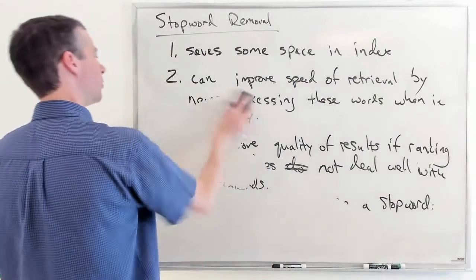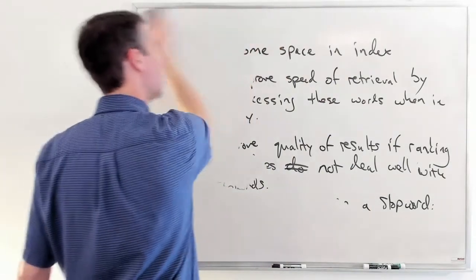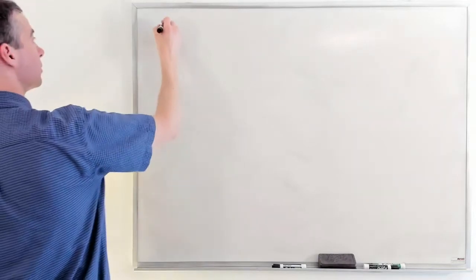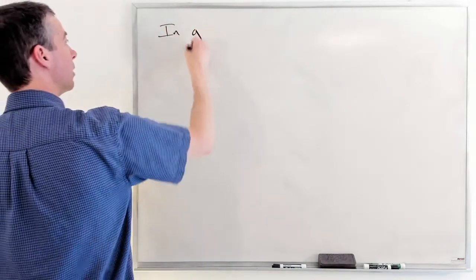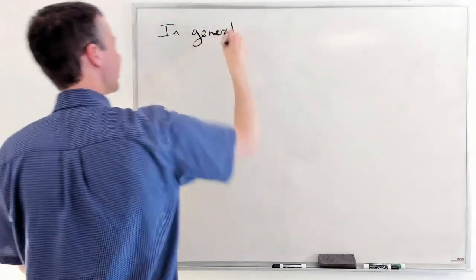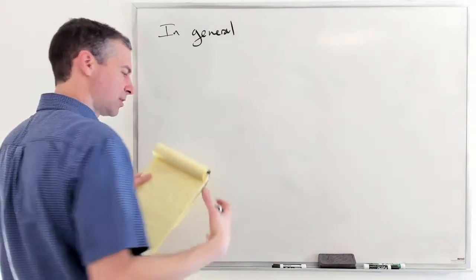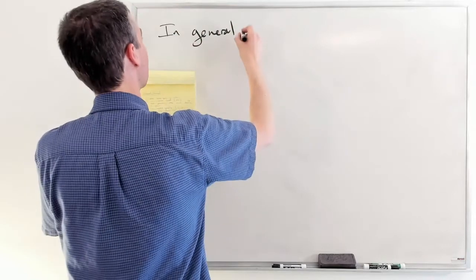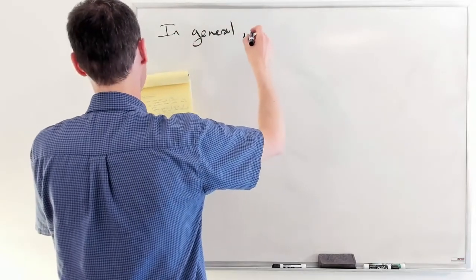So what do we really do in practice? Do we remove stop words, not remove stop words? Well, in general, it seems that what we can do, because space for the index and disk space is not really that big of an issue, we have such large storage space on hard drives now.